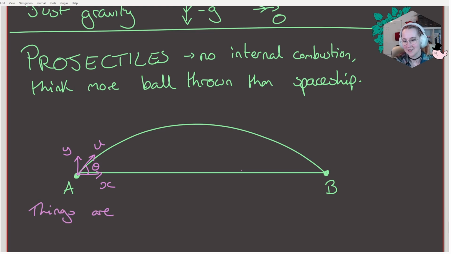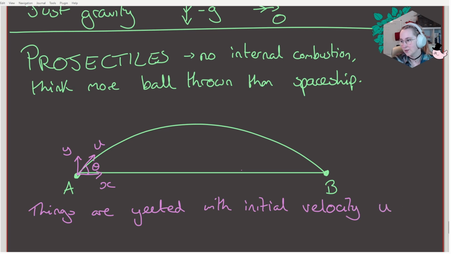Things are yeeted with initial velocity U in direction theta, at an angle, actually, to the horizontal.